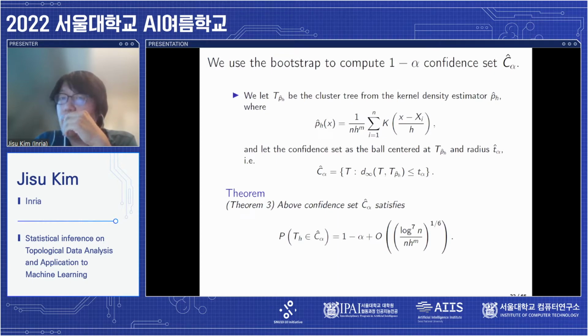And then we let the confidence set be a set of trees that has this empirical cluster tree as center and radius t sub alpha that is also computed from the data. And then this confidence set has the probability guarantee that it really captures the true cluster tree with probability 95%.